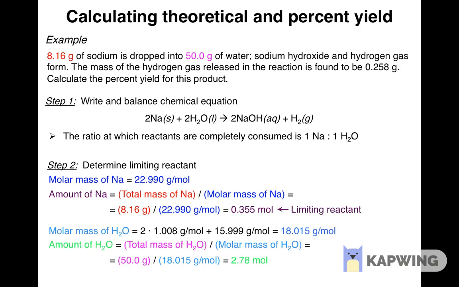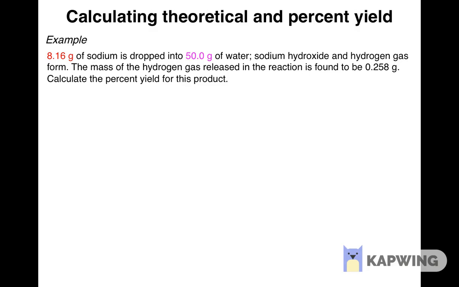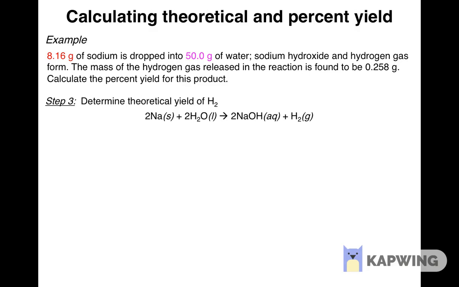At this point, we can predict how many moles of hydrogen we expect to form in the reaction. The molar ratio coefficient in front of the limiting reactant, sodium, is 2, and the molar ratio coefficient in front of the product of interest, hydrogen gas, is implied to be 1, and therefore is not written explicitly.